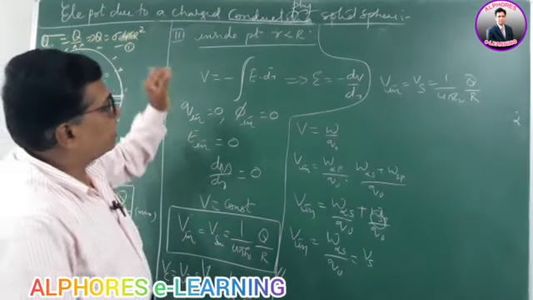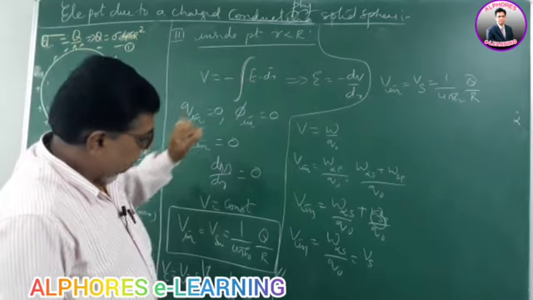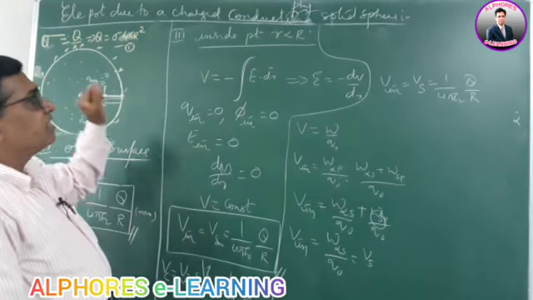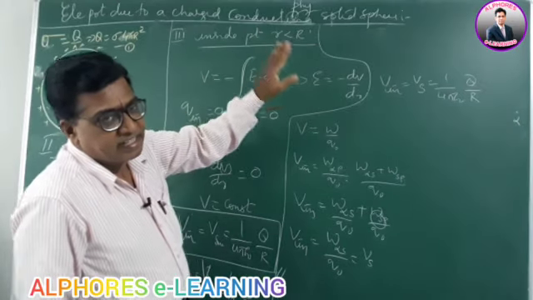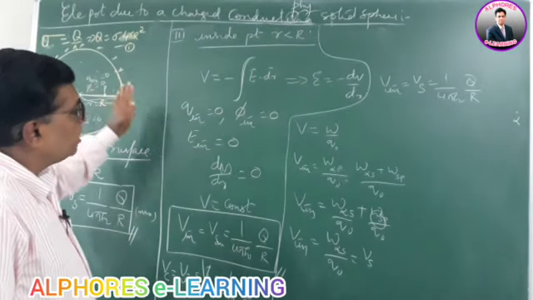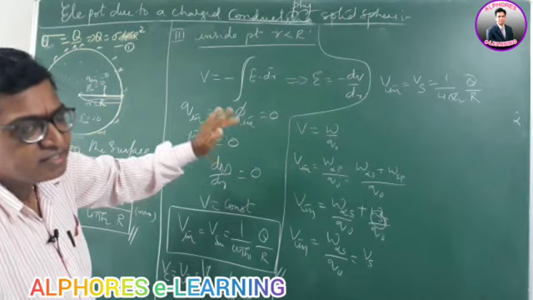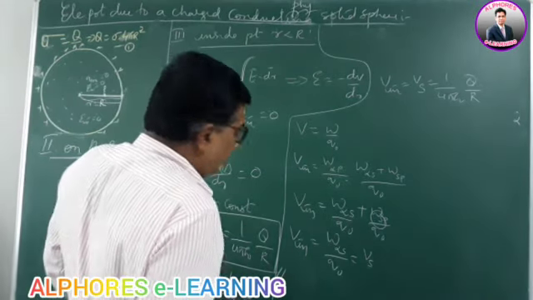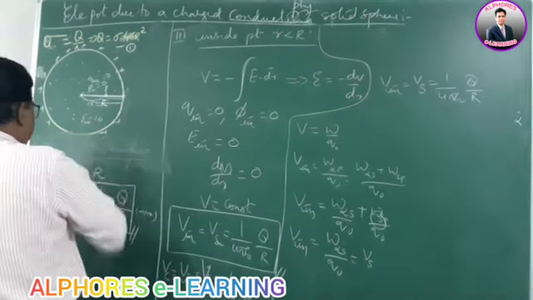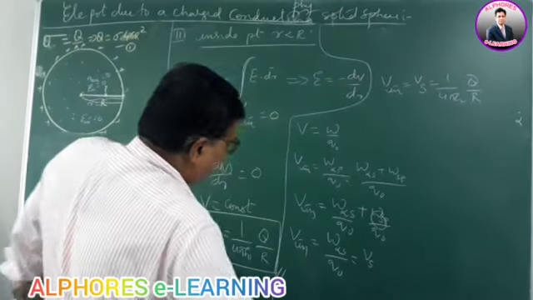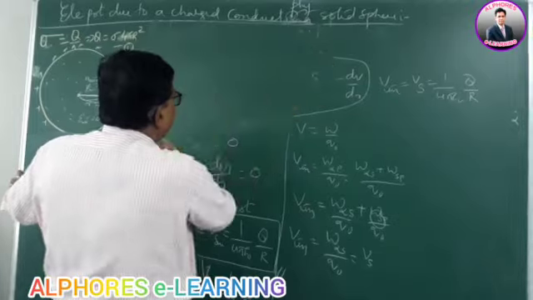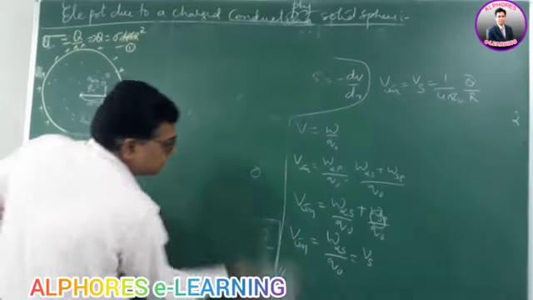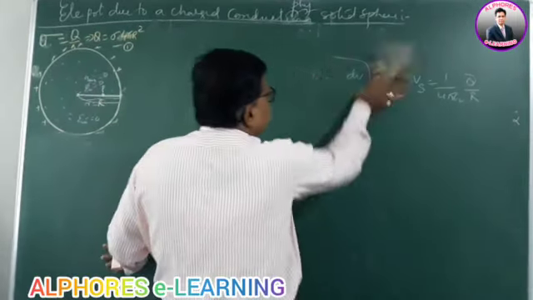Right? So for a conducting solid sphere, let me write down the formula for all the respective points.